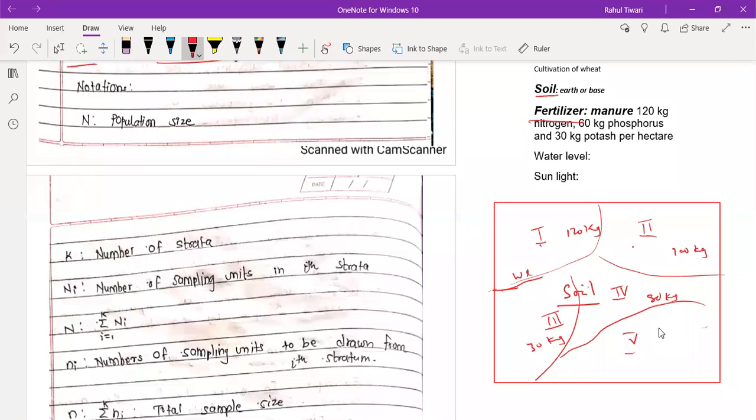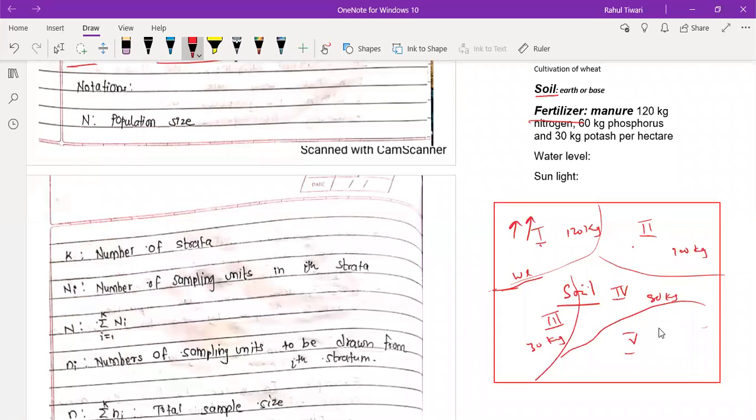Then I will try to see the height of the particular plant, let's say tomato, or rice, or wheat. So I will measure their height, to see whether the height here is greater or the height here is greater.